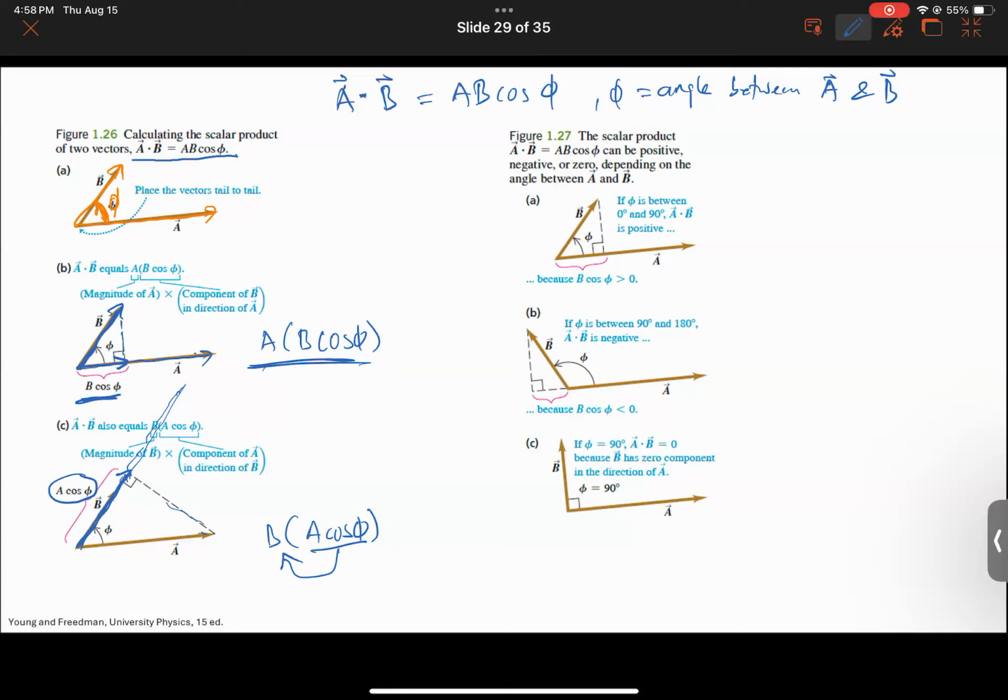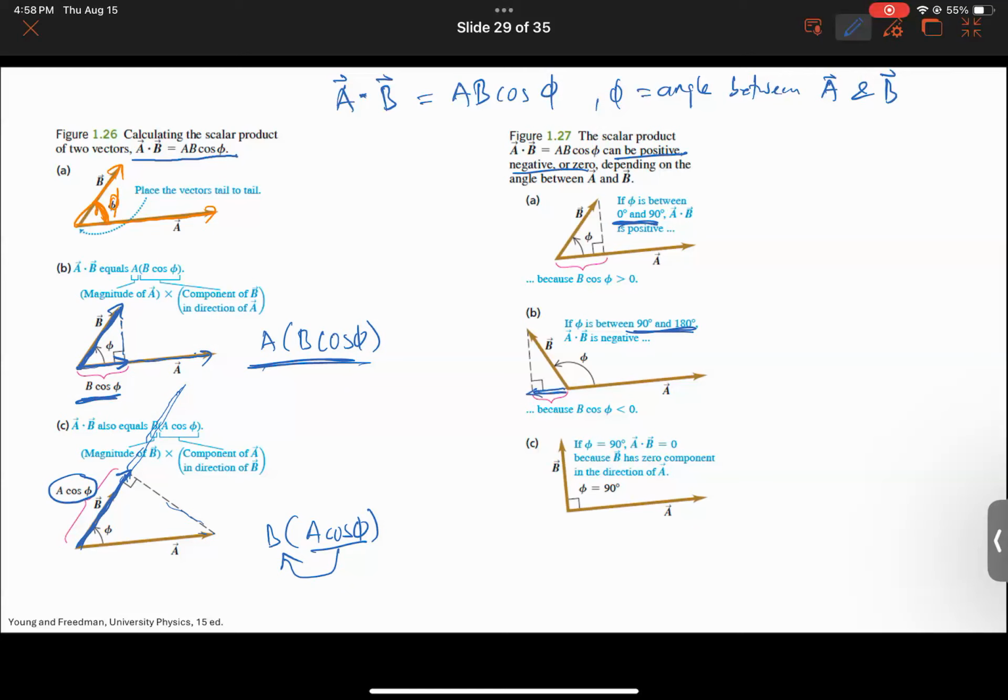Okay. So yung scalar product can either be positive, negative, or zero. Depende sa angle between A and B. Okay. For example, dito sa unang figure na ito, yung angle between A and B is between 0 and 90 degrees. So yung scalar product nila is positive. Pag yung angle naman is between 90 and 180 degrees, yung scalar product nila is negative.